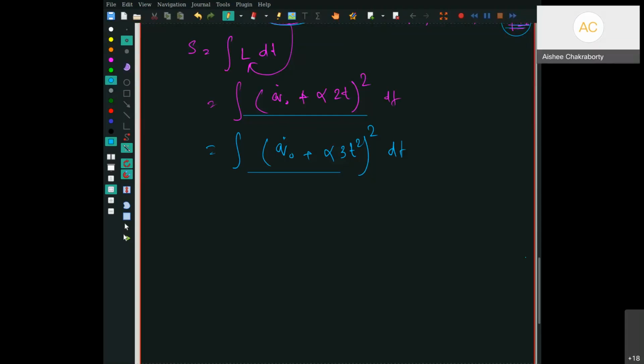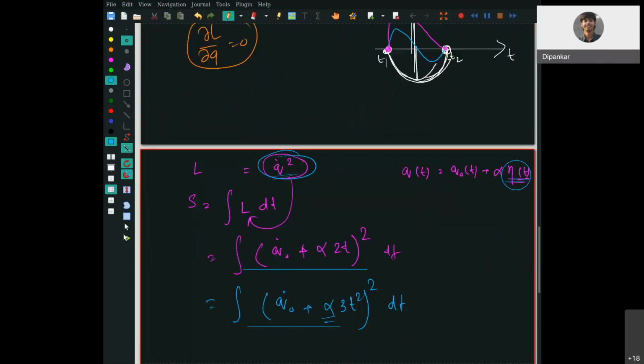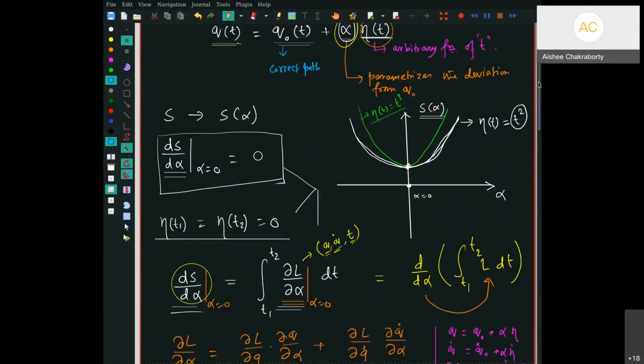This value will change from t square to t cube, but the dependence of S on alpha doesn't vary there, right sir? I am really questioning this point. This particular feature you were talking about is only true for this simple form of q dot square. Yes, it depends on the Lagrangian form, but how can it depend on eta t, because eta is a function of t only and it's integrated from t1 to t2 when it's substituted in the L. Okay, I still don't get it.